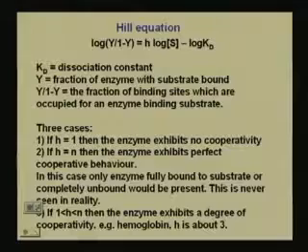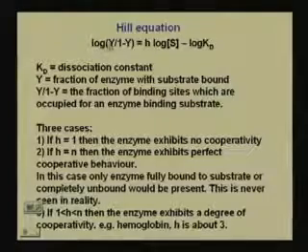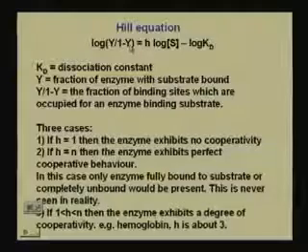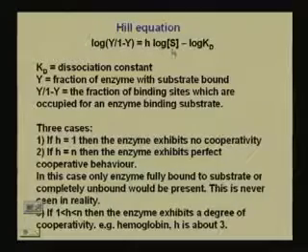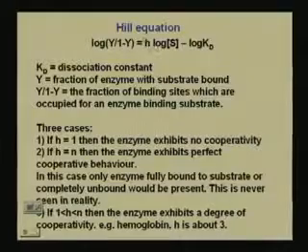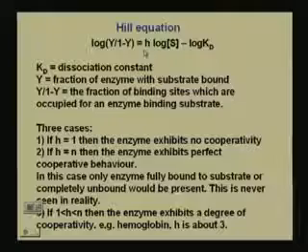And then you can plot what is called a Hill plot. Can you tell me what you are going to plot? You are going to plot log Y by 1 minus Y on the y-axis versus log S, and the slope, which is also called the Hill coefficient, is going to tell you what the Hill coefficient is.